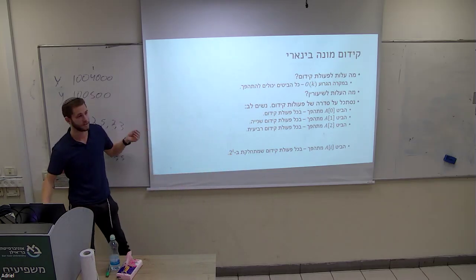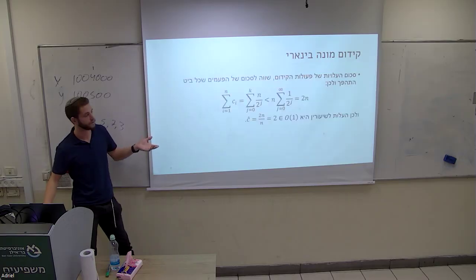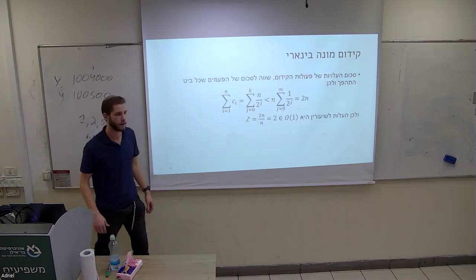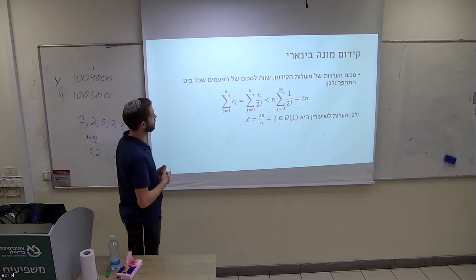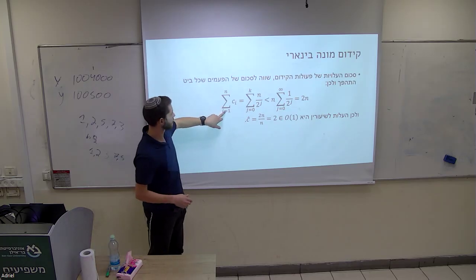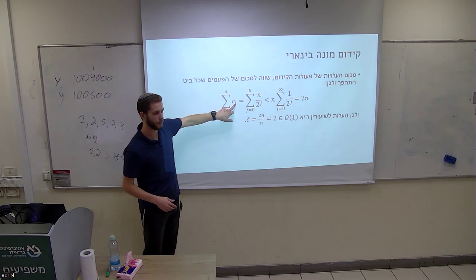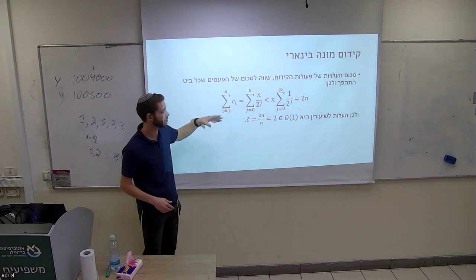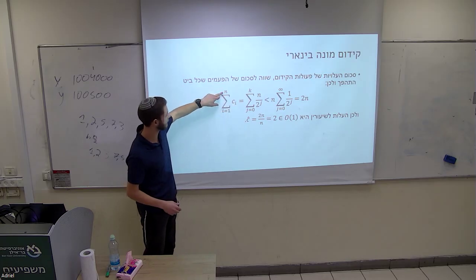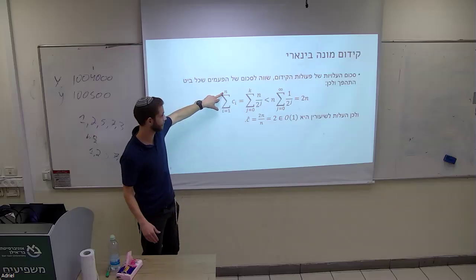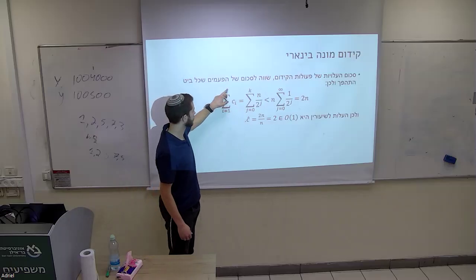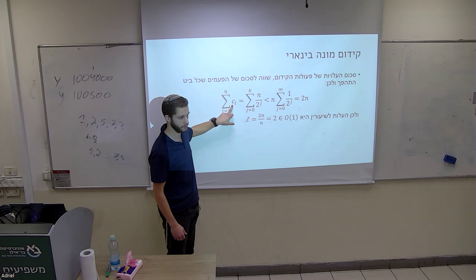So let's use this information to calculate, for a sequence of operations, what the total price of all of them is. C1 is the first operation, C2 is the second operation. So for a sequence of n operations, here it's just increments, the total price is just the sum of all the separate prices.